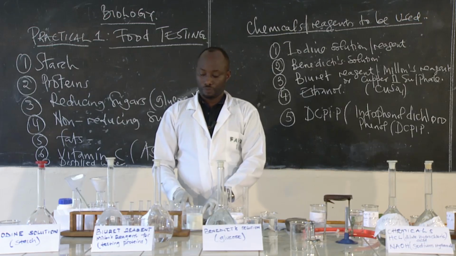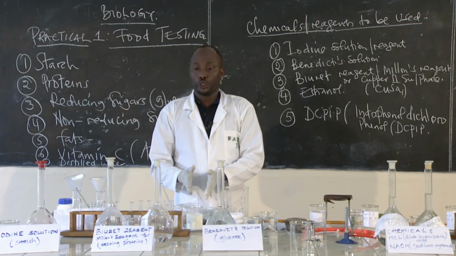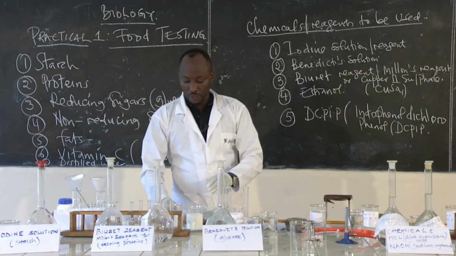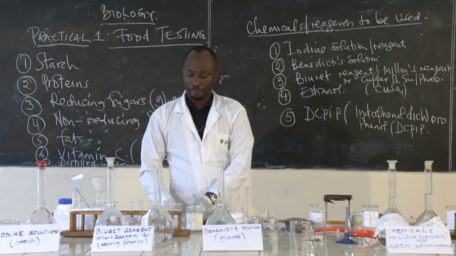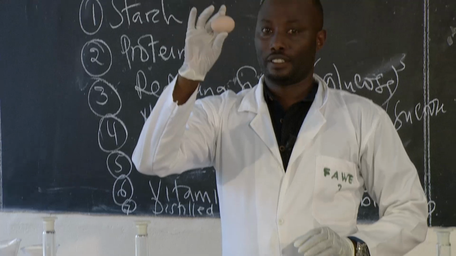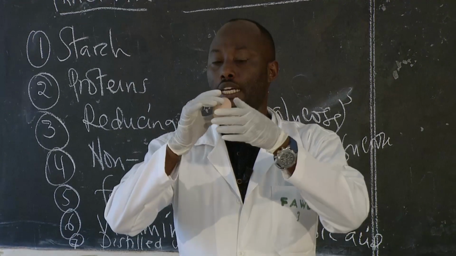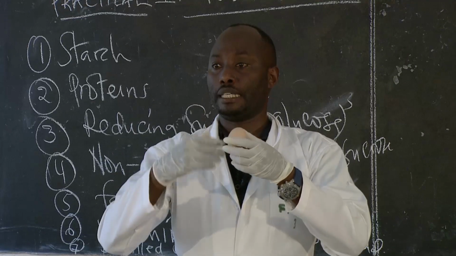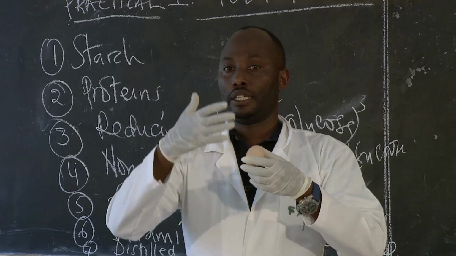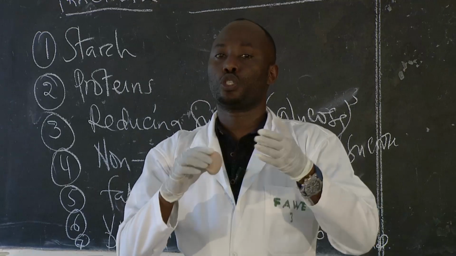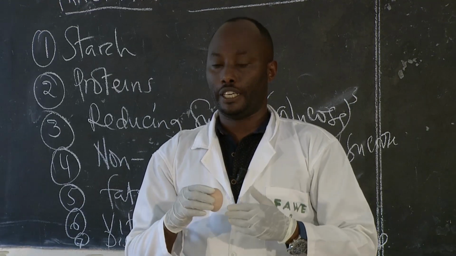Table 2, on a preparation: this is sample 1, and this is sample 2. In sample 2, I have something very interesting. What is this? An egg. What does an egg contain? We normally say the egg is made up of the yolk and the egg albumin. I'm going to extract the egg albumin and use it to test the presence of protein in the egg.